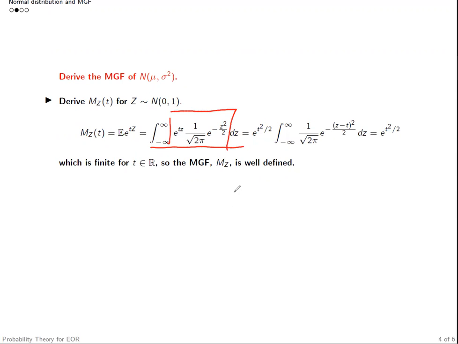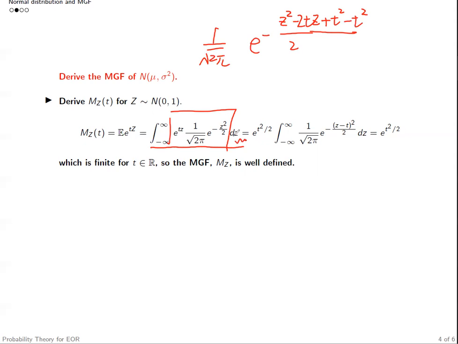If we take a close look at this product, it can be rewritten as a constant times e to the power of negative (z squared over 2 minus tz times 2 over 2). Now let's add the term t to the power 2 and subtract t to the power 2.